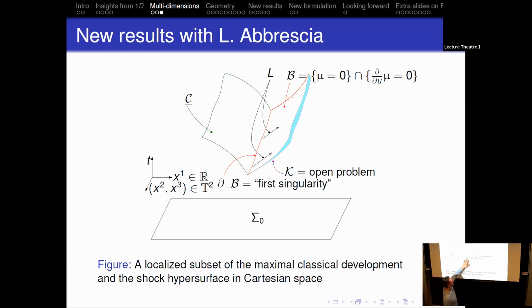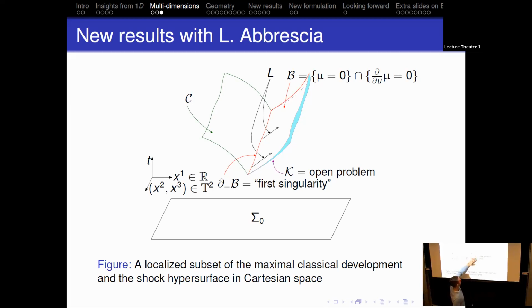The answer is that a fruitful approach to the study of the shock development problem, that is, a fruitful approach to actually constructing the weak solution, as shown by Christodoulou in the restricted problem, is to start with the maximal classical development as your initial data for the shock development problem. So the Cauchy horizon, C bar, and the crease are part of the maximal classical development, and they're part of the weak solution.